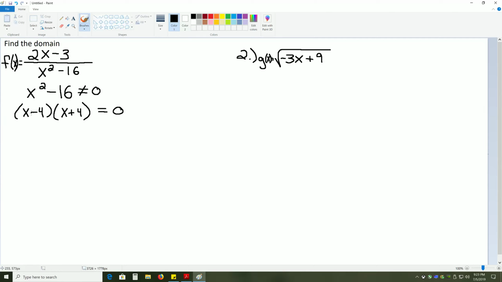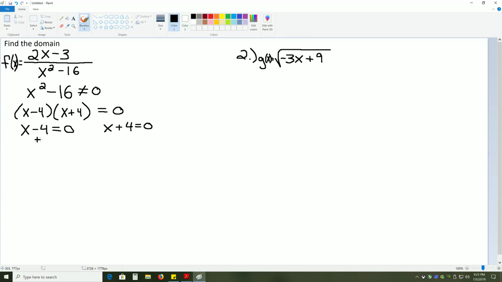And now we're going to set each of these terms equal to 0, because when you have something completely factored, each factor can be set equal to 0 if the entire multiplication is equal to 0. So we get x minus 4 equals 0 and x plus 4 equals 0.